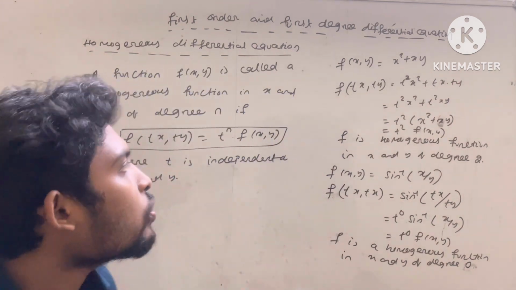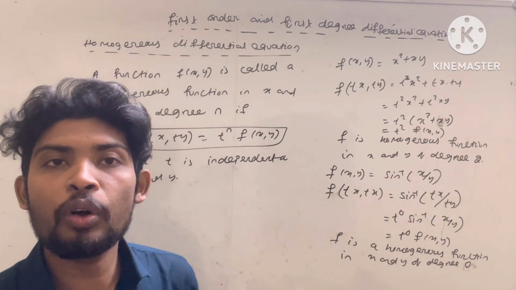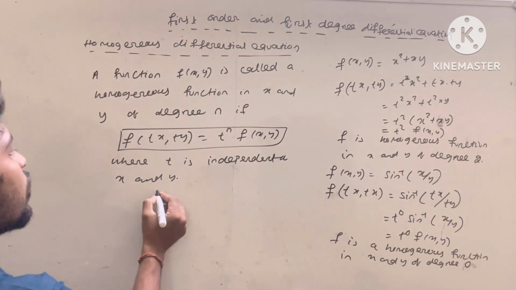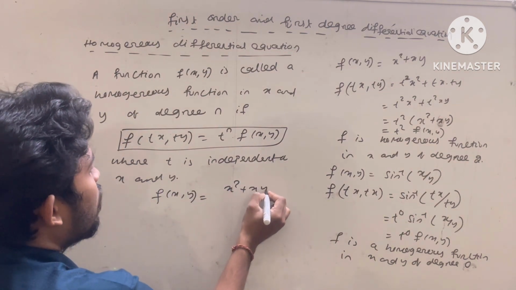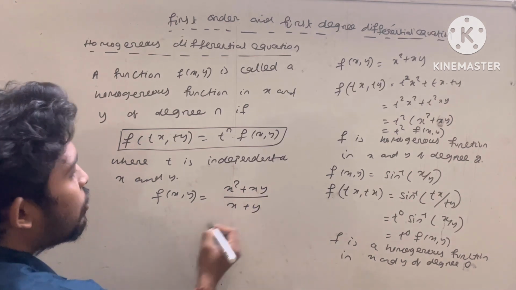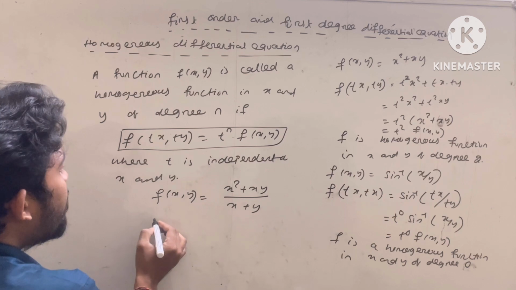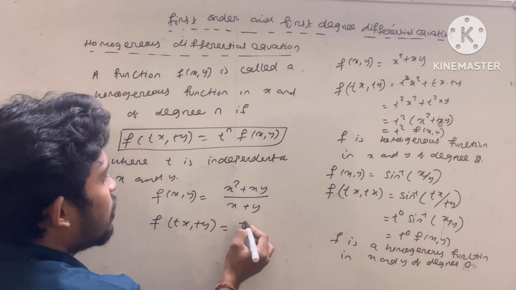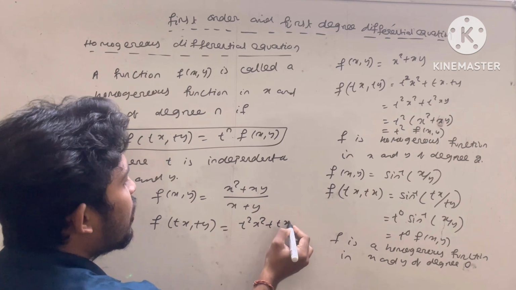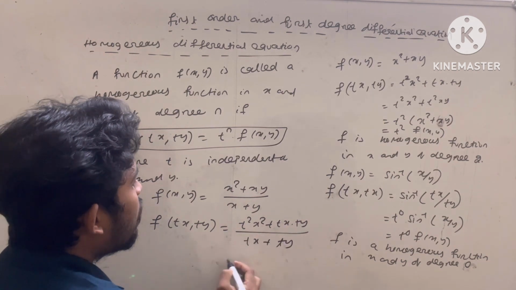Okay, so in this matter you have to find out the degree of the homogeneous function. Take another example here: f(x,y) is (x squared plus xy) by (x plus y). Now you have to find out the degree of this function. So this is f(tx,ty), which is (t squared x squared plus t squared xy) divided by (tx plus ty).